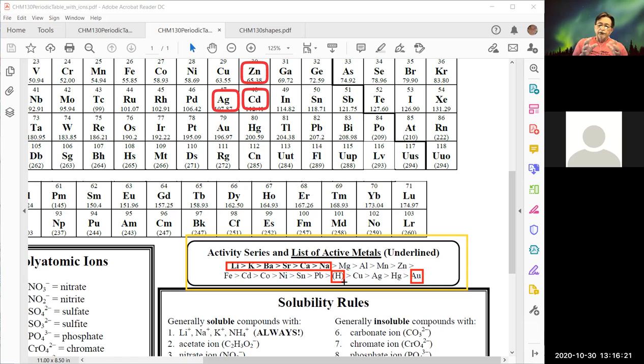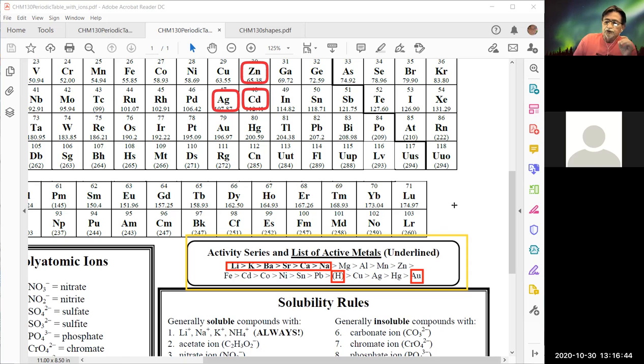Now, hydrogen is either in the form of H2 or in the form of water. The point being is if these metals were more reactive than hydrogen, then they're below as far as reactivity with respect to hydrogen. All right, so how do we determine whether something is reactive?